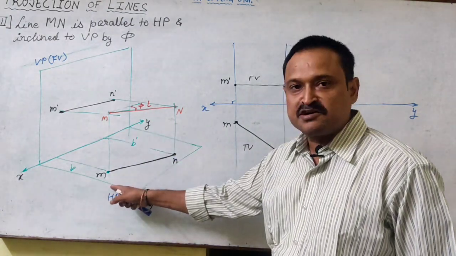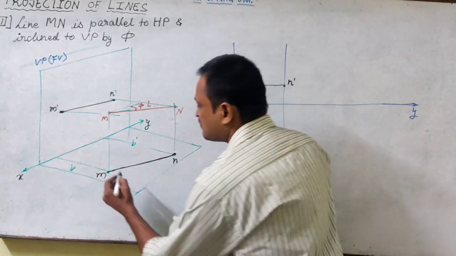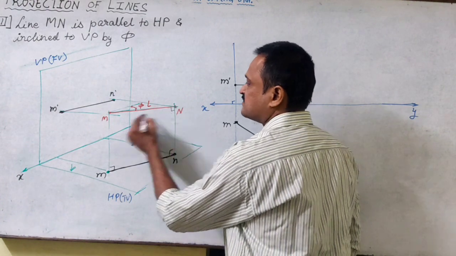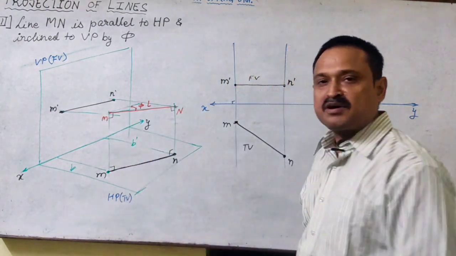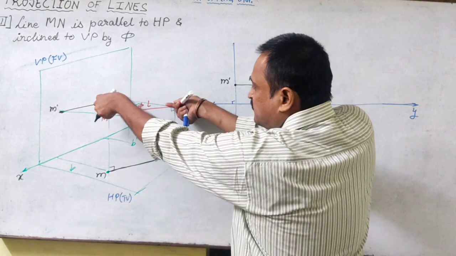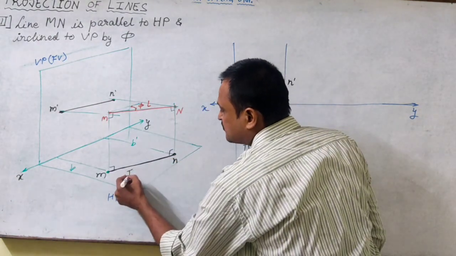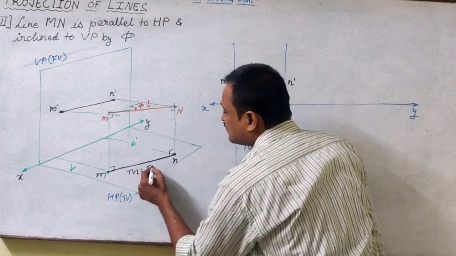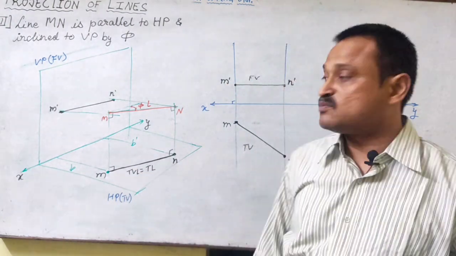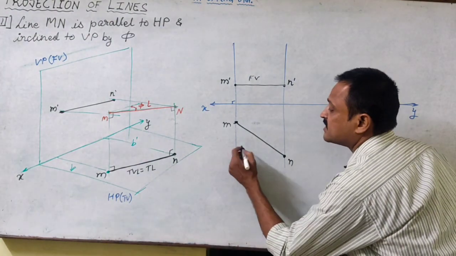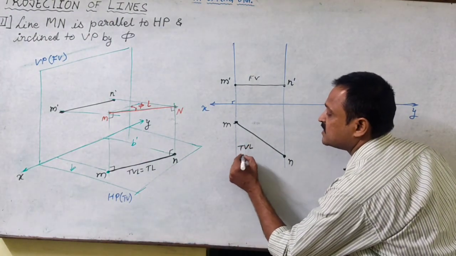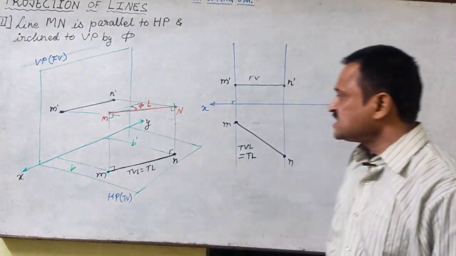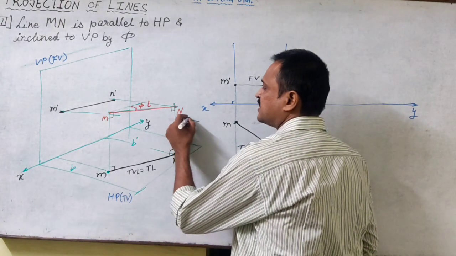Projectors are perpendicular to HP, so the projectors will be perpendicular to the image. The image is parallel to line, just now we have seen, that means the projectors are as well perpendicular to the line. That means in the top view, the same length has been projected. So we are getting the top view length this time to be equal to the true length. So here, in this case, top view length is equal to the true length of the line.